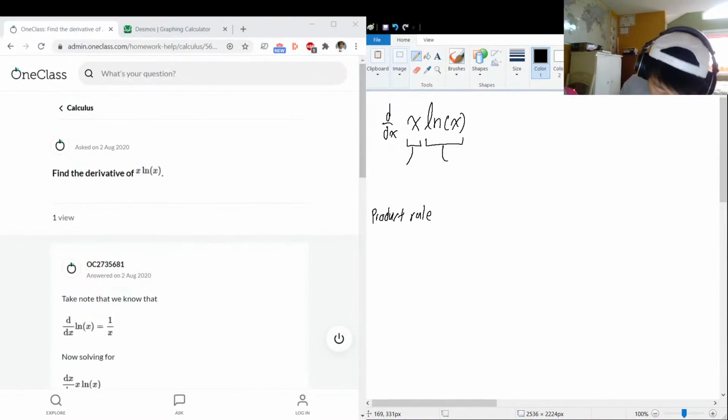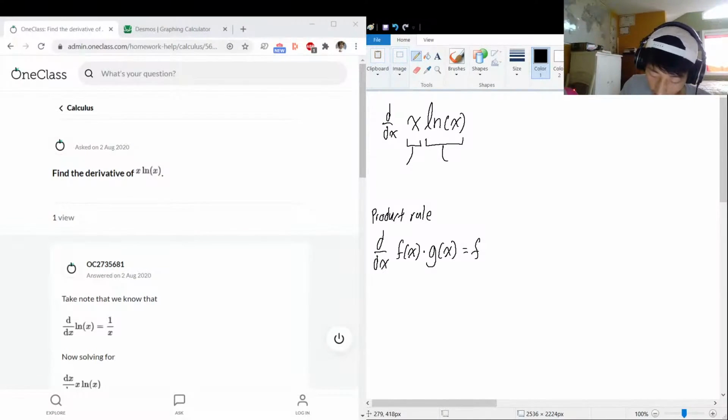And the product rule says that if we're taking the derivative of a function multiplied with another function, the first function we'll call f of x, second function we'll call g of x, we know that the product rule states that the derivative of their product is the derivative of the first one multiplied with the normal second one, plus the normal first one multiplied with the derivative of the second one.